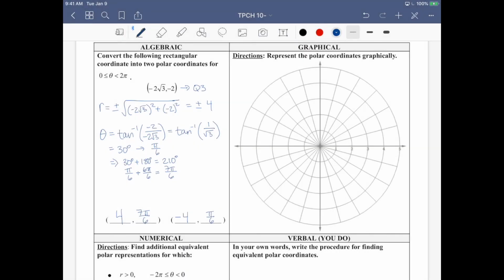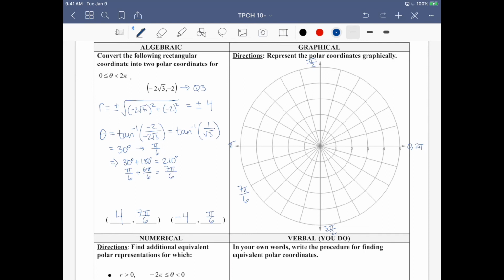All right, so here's the graphical. I'm not going to label every single one of these things, but I always like to label the quadrant angles. And I will go ahead and label where 7 pi over 6 is. 7 pi over 6 is actually going to be here.